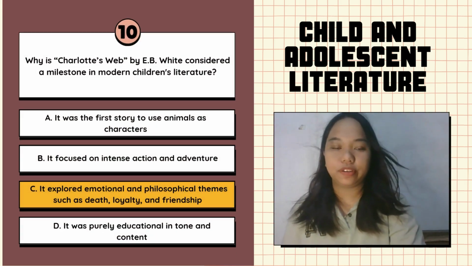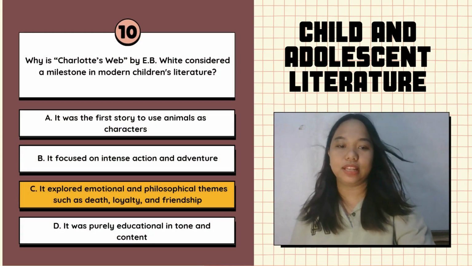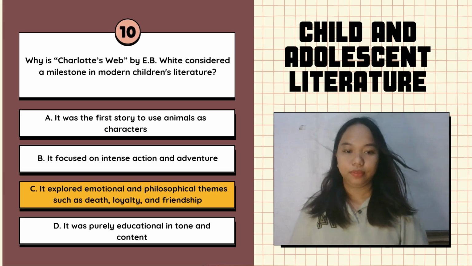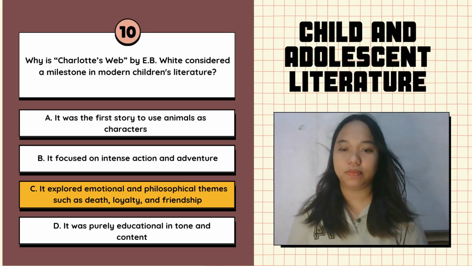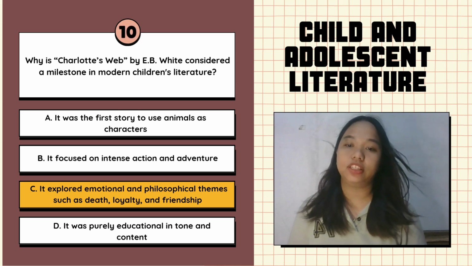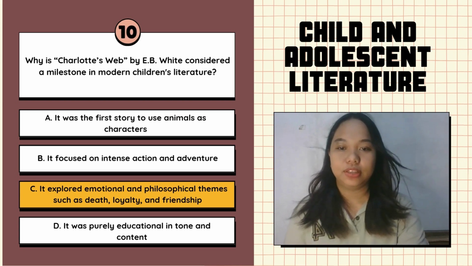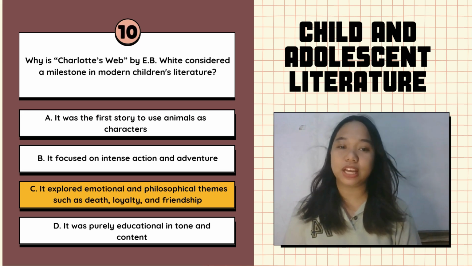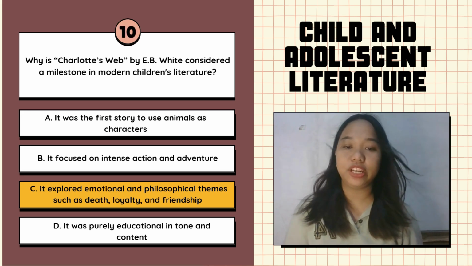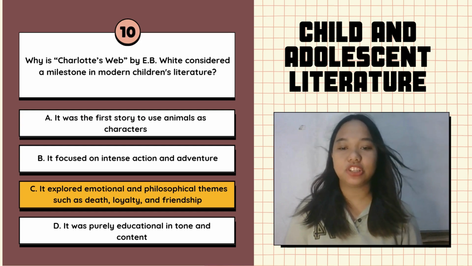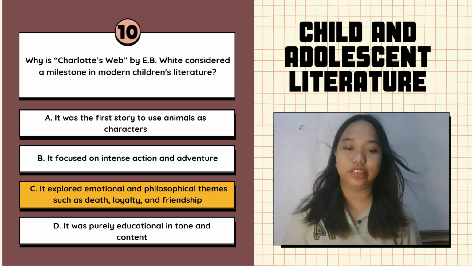Okay, so the correct answer for number 10 is letter C. Emotional and philosophical themes. It explored emotional and philosophical themes such as death, loyalty, and friendship. Charlotte's Web is celebrated because it introduced emotionally rich and realistic storytelling into children's literature.